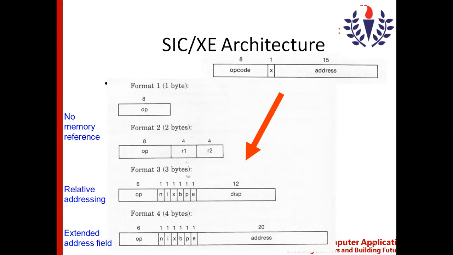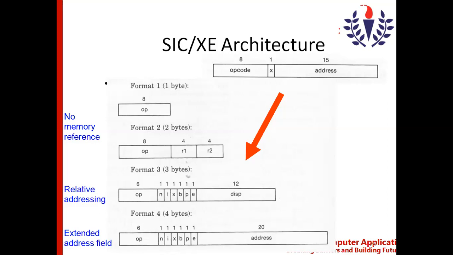Whenever you write a program, you assume that the program is starting at a location, say for example, the address 1000. But when you load the same program for execution, at the time of loading, the address need not be the same. There might be some changes in the address.